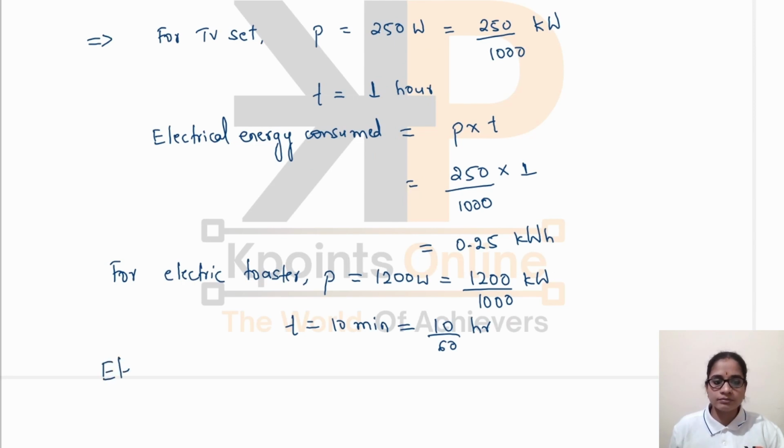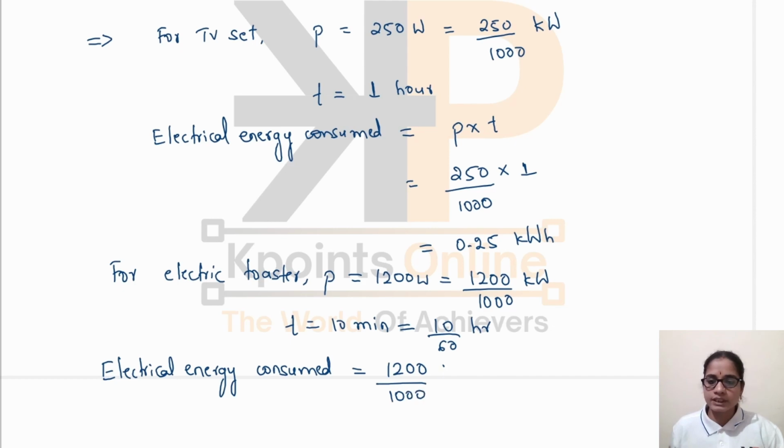So the electrical energy consumed is equal to 1200 divided by 1000 into 10 by 60 kilowatt hour, because electrical energy consumed is equal to power into time. Solving this, we will get 1 by 5, which is equal to 0.2 kilowatt hour.